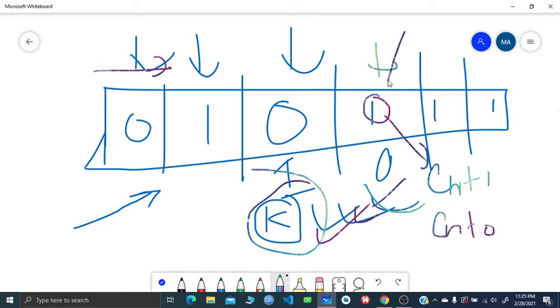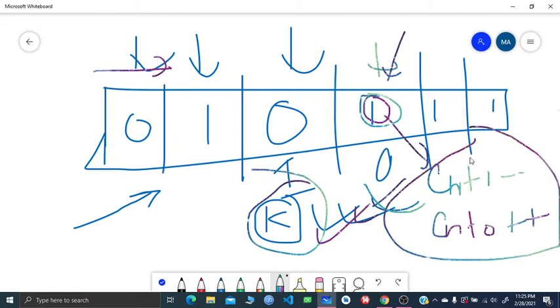If that value was previously 1 and I convert it to 0, that changes count of 1 to minus minus and count of 0 to plus plus, obviously, because I'm adding an extra 0 and deleting a 1. So that's exactly what I have to do, and vice versa. For 0 to become 1, count of 1 plus plus, count of 0 minus minus. That's for the first query. I will do this operation.